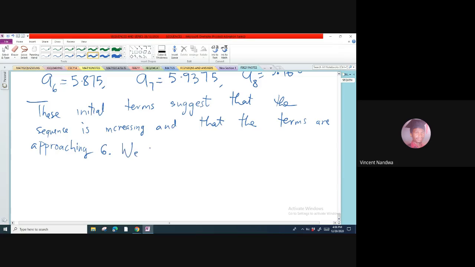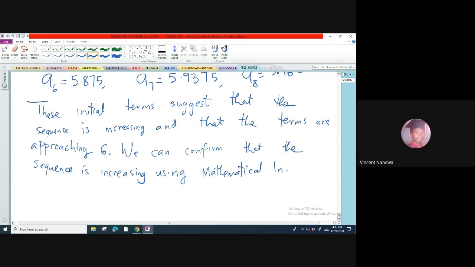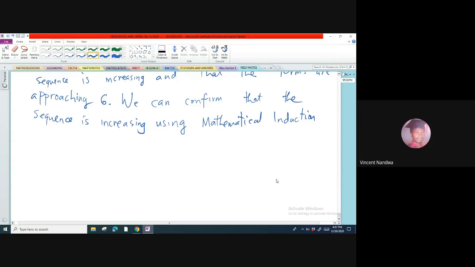We can also use mathematical induction to show that an plus 1 is greater than an.